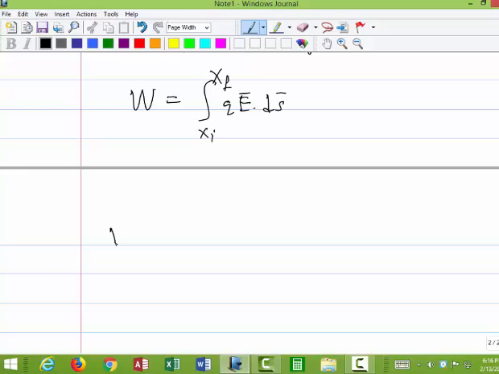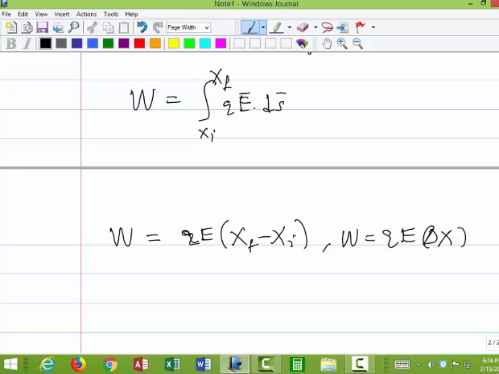So we can say the work done is therefore equal to QE, and then we shall have X final minus X initial, just for the difference between the two. So if you like, we can put it down as delta X. So we can say W is equal to QE delta X.